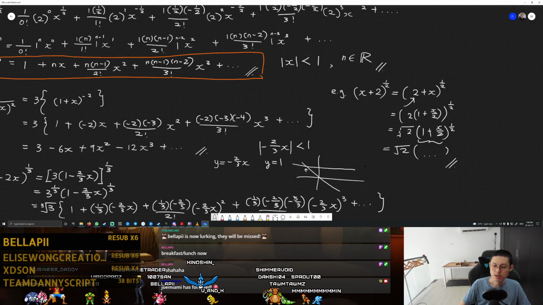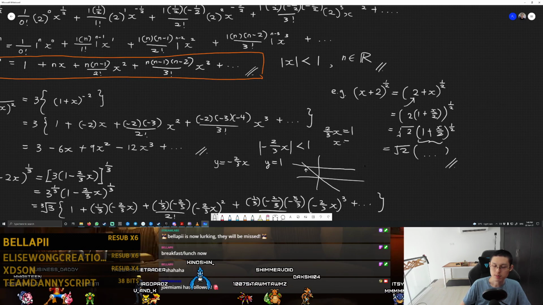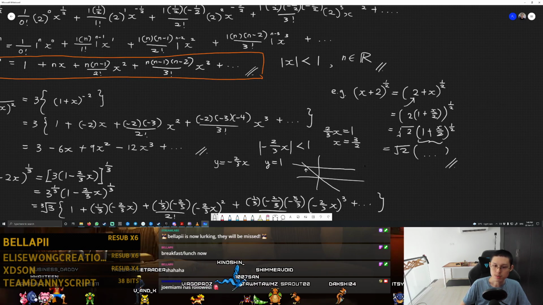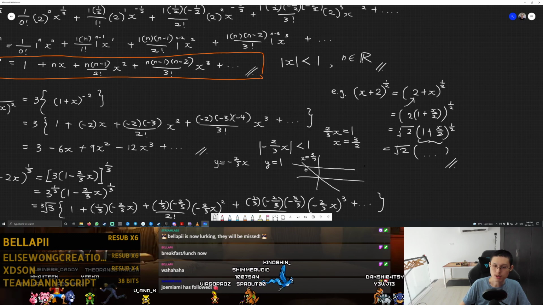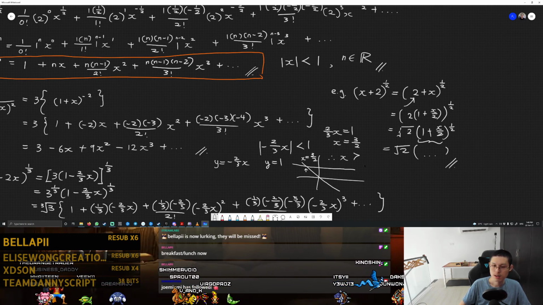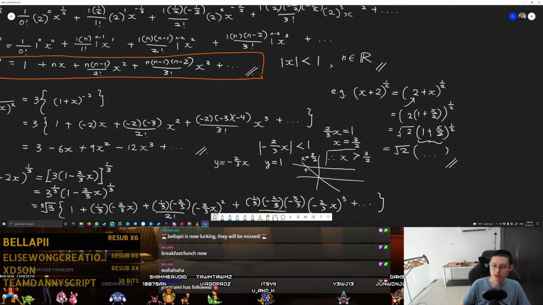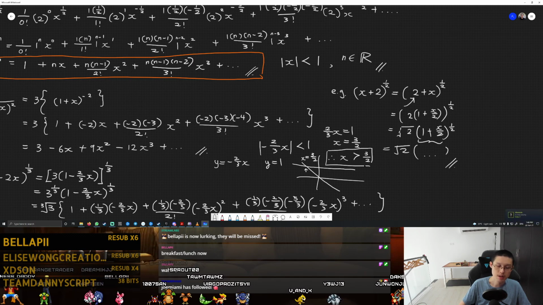To find the critical point, you equate these two. So x must be 3 over 2. Therefore, your answer is x is greater than 3 over 2, and that's the domain for the expansion to be valid.